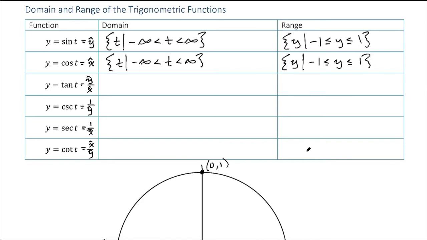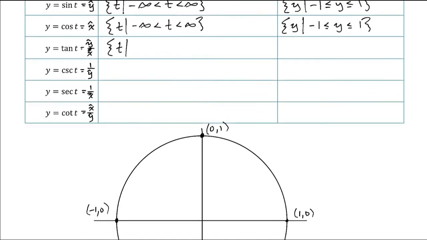All right, now it gets a little bit more interesting. y equals tangent of t. Let's talk about our domain. So we're going to say it's the set of all t such that what condition has to be met here. Well, we know that our tangent is y over x, which is only a problem if the x-coordinate is 0.